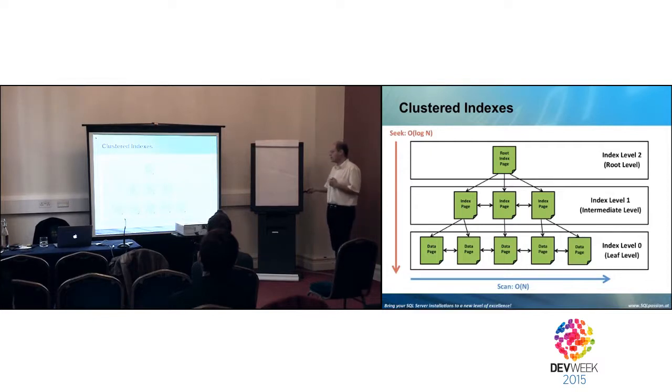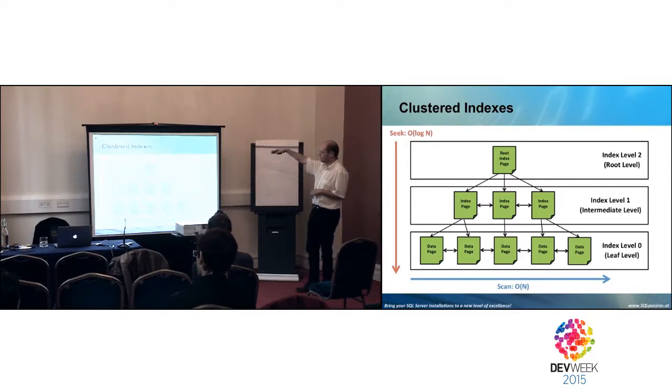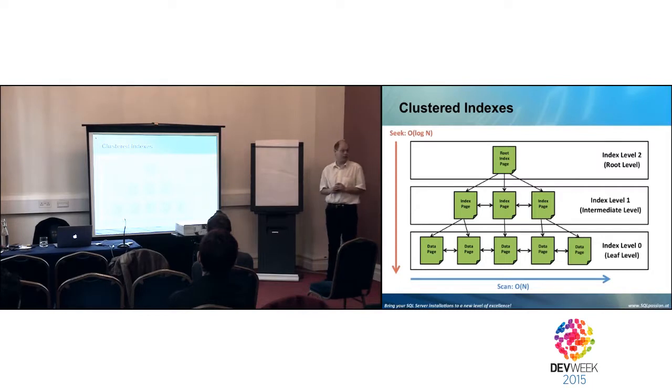Above the leaf level, we have a so-called navigation structure, and with that navigation structure it is very easy to find a specific record in the leaf level. For example, when you're searching for CustomerID 1000, you perform a so-called seek operation, meaning you go through that navigation structure and find that specific record.